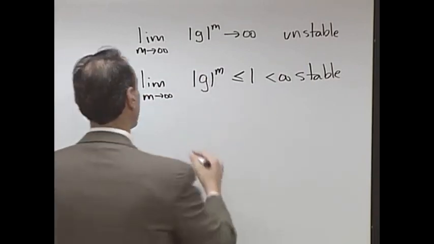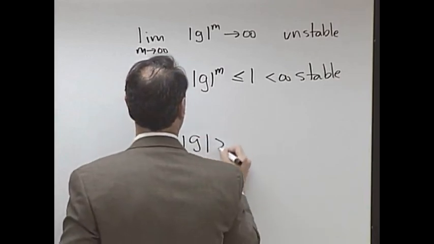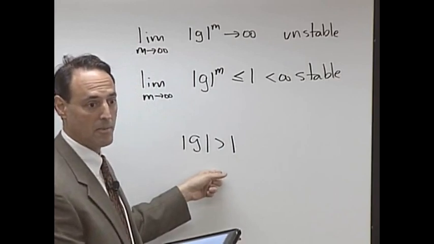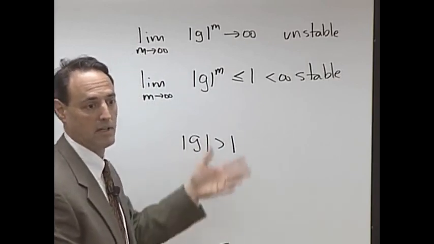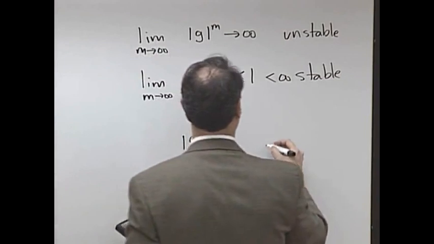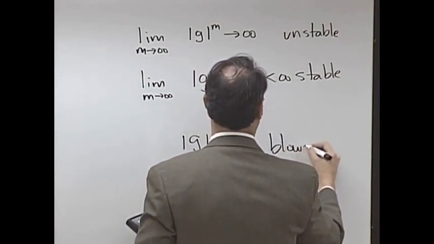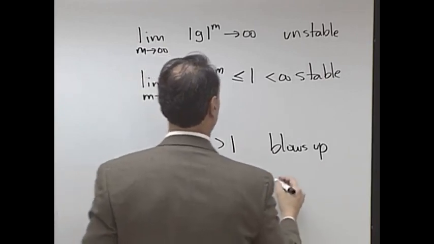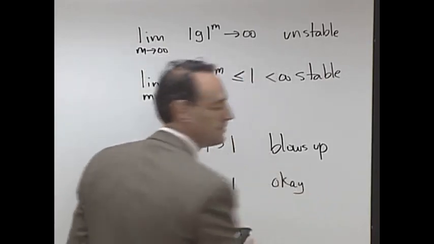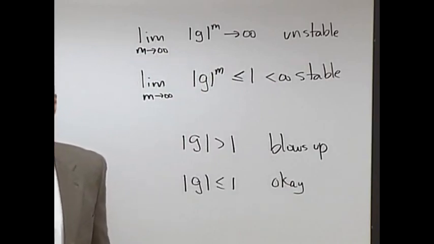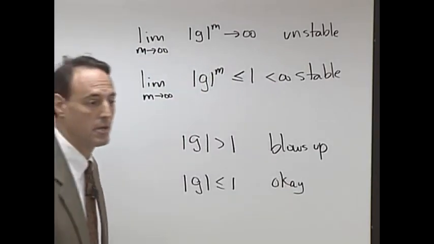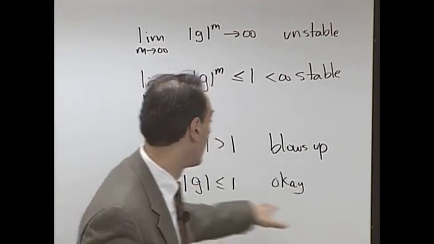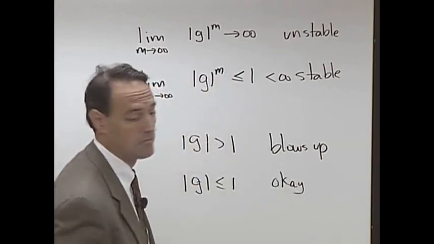What these really relate to is, if g is bigger than 1, problems, right? Take a number bigger than 1, you keep raising it to an infinity power, this thing blows up. Okay? Whereas g is less than or equal to 1, then you're okay. That's my take on that. Okay? Everybody good with that? That's what it means to have a stable scheme or unstable scheme. So let's go apply this back to this forward Euler equation.